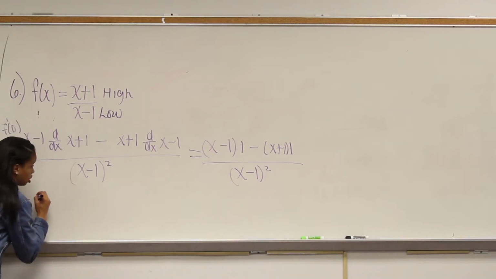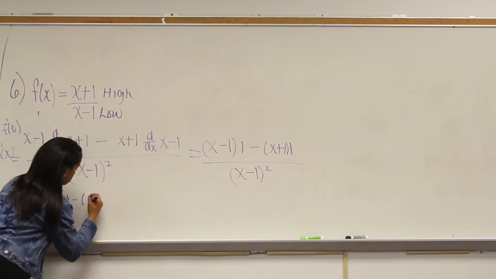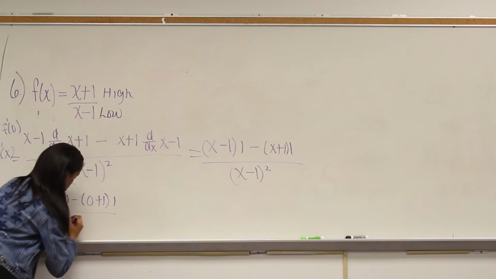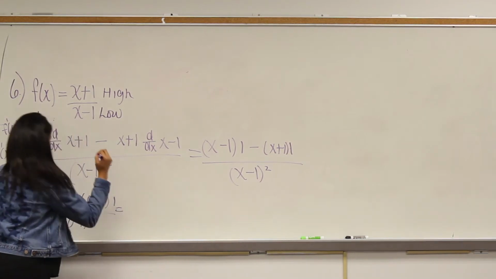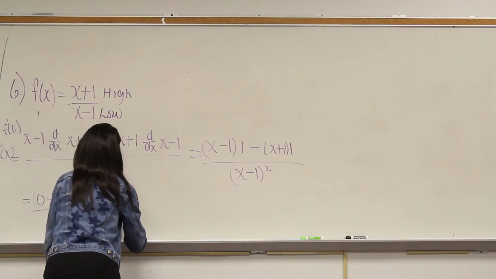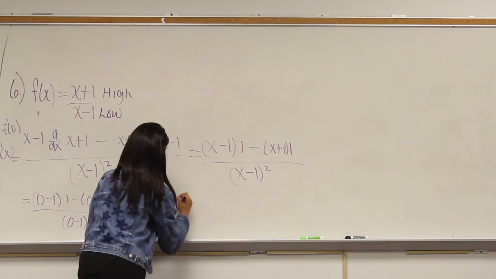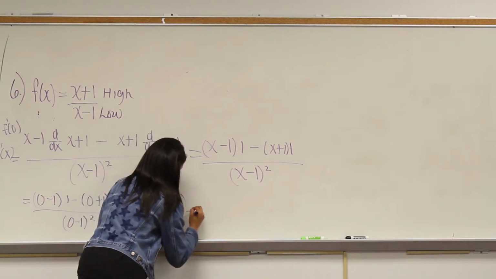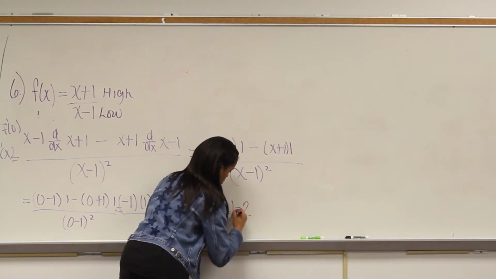So it'll be 0 minus 1 times 1 minus 0 plus 1 times 1 all over 0 minus 1 squared, which will equal negative 1 times 1 minus 1 times 1 all over negative 1 squared, which will give you negative 2 over 1, which equals negative 2.